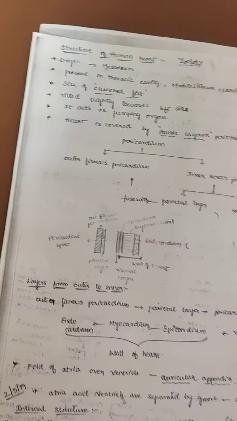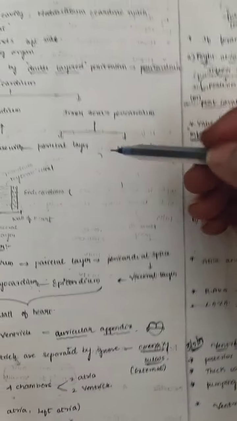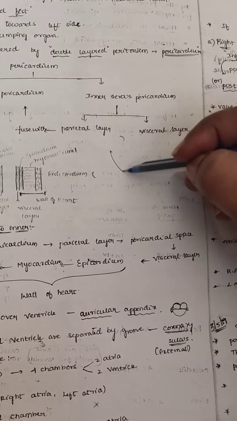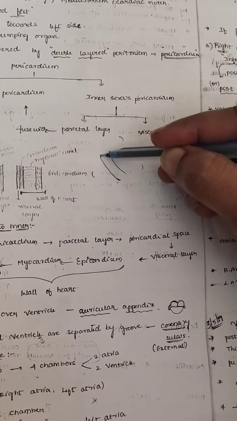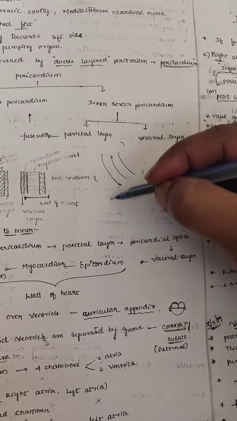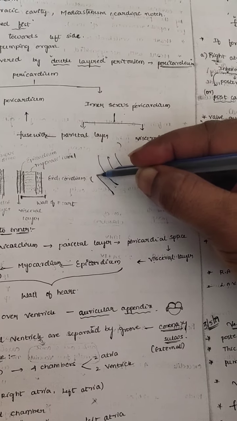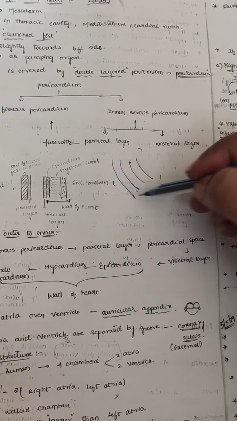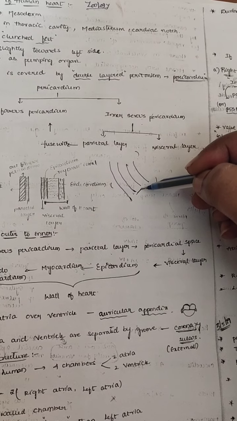Now see, this serous pericardium, now this one is the heart, this is the fibrous pericardium, this is the serous pericardium.